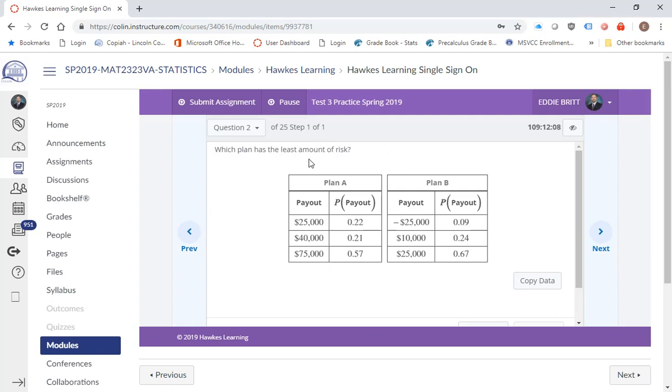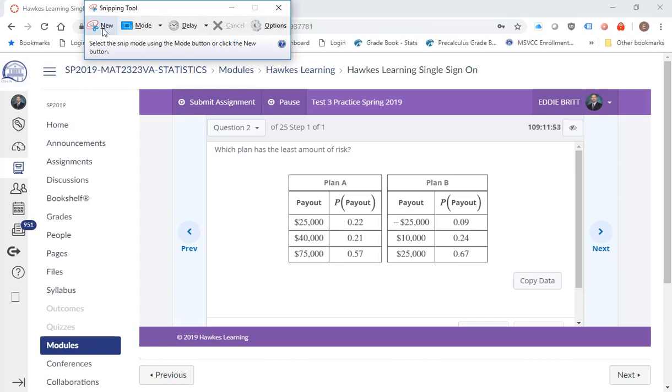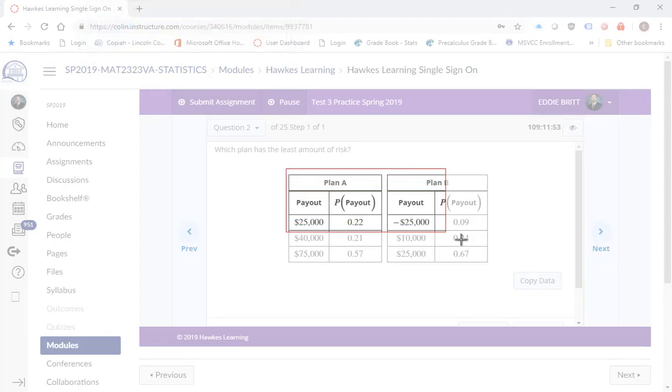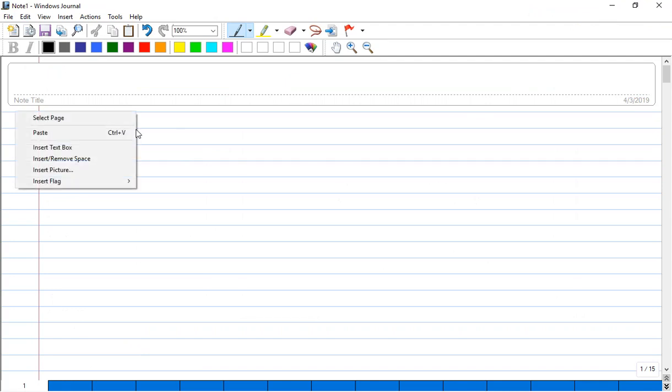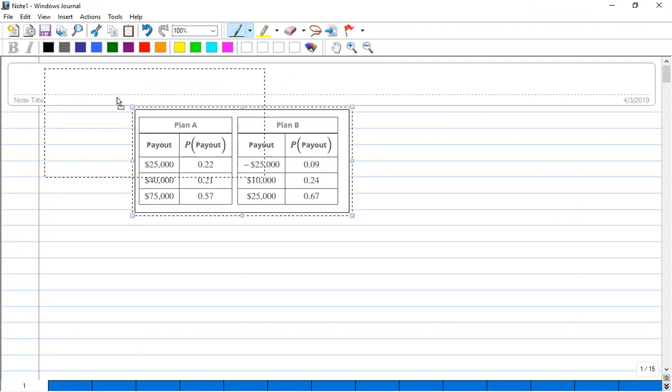The least amount of risk is going to be associated with the one that has the smaller standard deviation. So that's what we need to do. So we're going to need these values here to do that. In some cases on the test, I've already worked a lot of the values out. That way it won't take that much time for me to go through the problems. But this is kind of a longer problem, so I'm going to copy this over here.